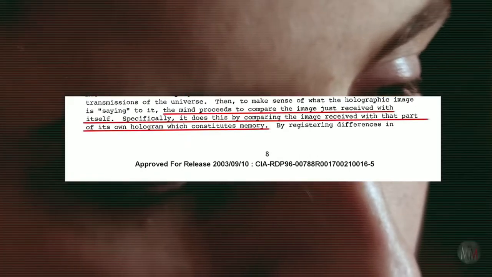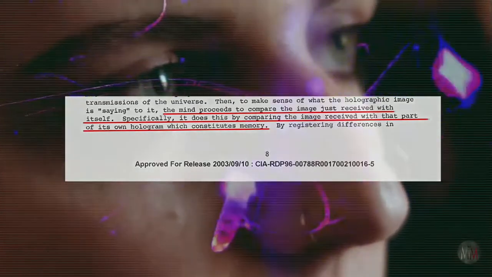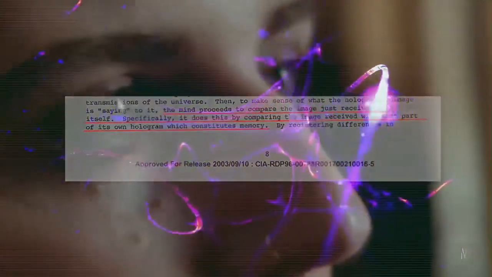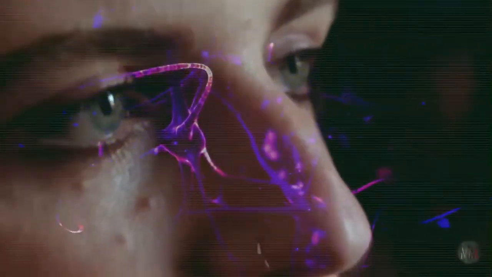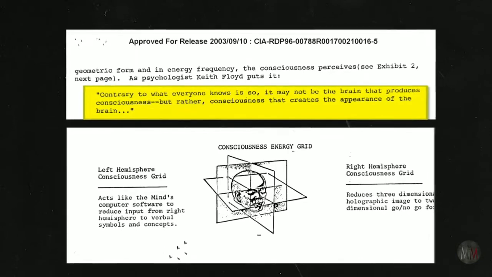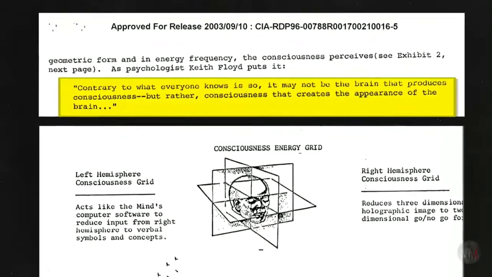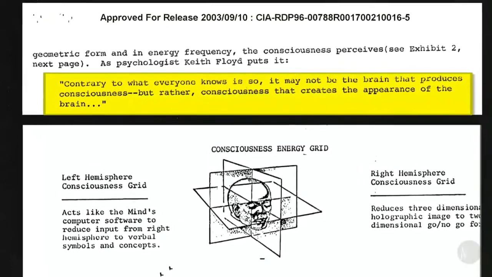Specifically, it does this by comparing the image received with that part of its own hologram which constitutes memory. By registering differences in geometric form and in energy frequency, the consciousness perceives, as psychologist Keith Floyd puts it, contrary to what everyone knows is so, it may not be the brain that produces consciousness, but rather consciousness that creates the appearance of the brain.